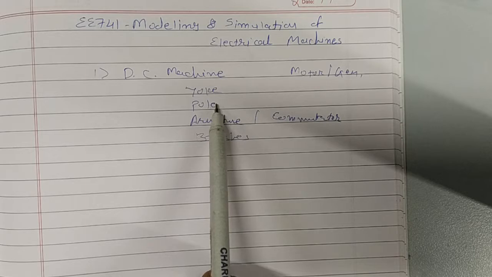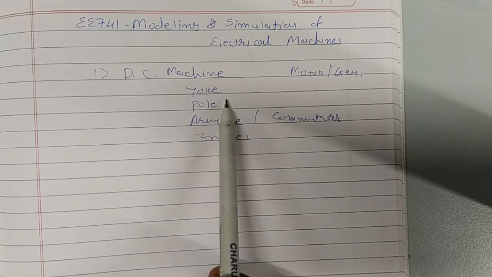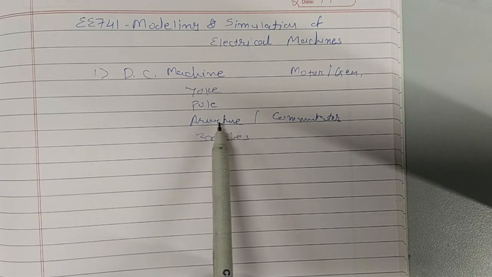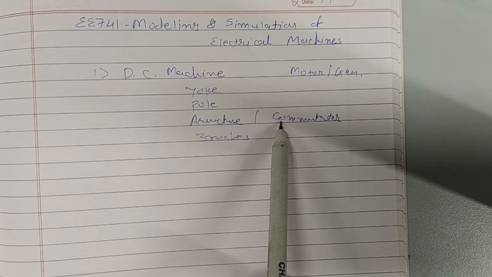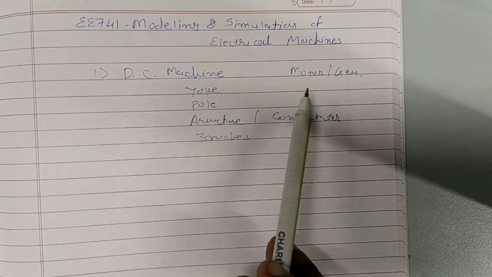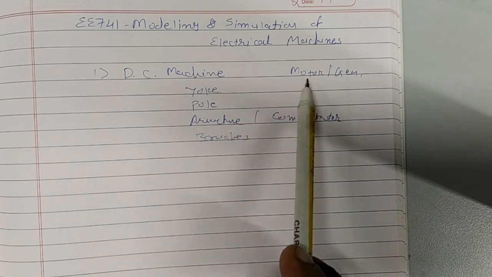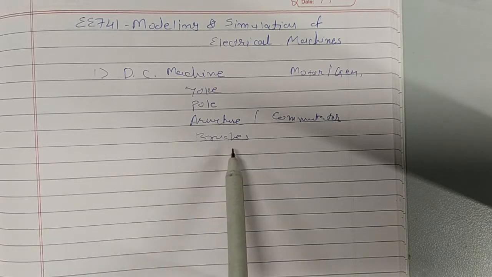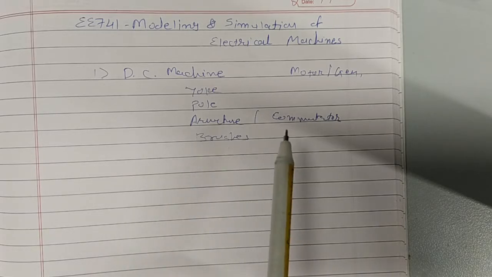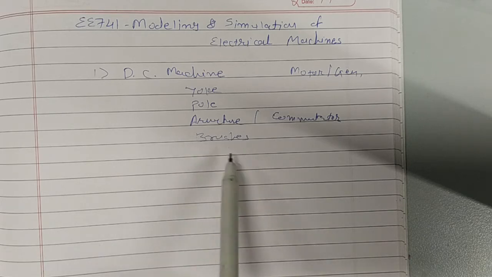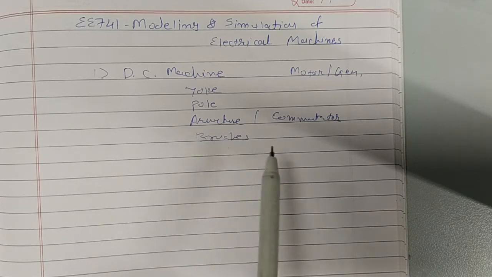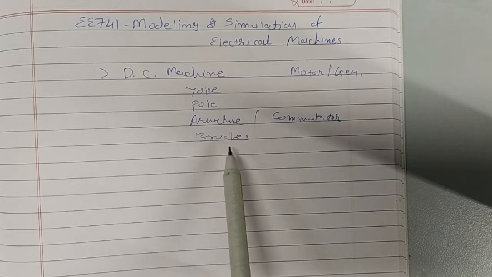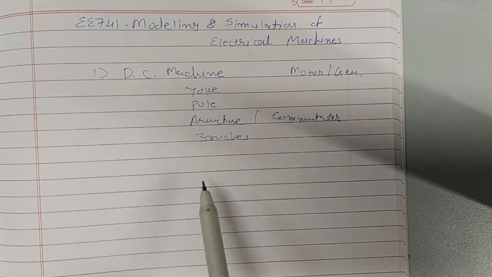The pole, when excited, produces the working flux. The armature is going to link with this flux. The commutator takes care of conversion from AC to DC or DC to AC, depending on the operation, if it is a motor or generator. Brushes are used to collect the current if it is a generator, or the DC power is fed to the brushes if it is a motor. So it can operate in both modes, and the operation is very easy.